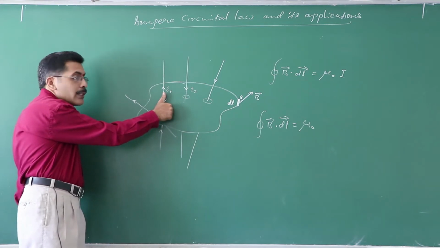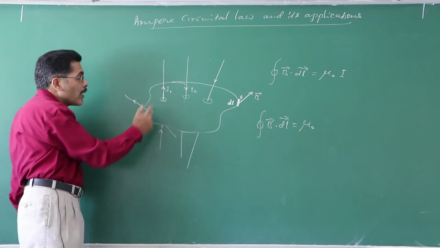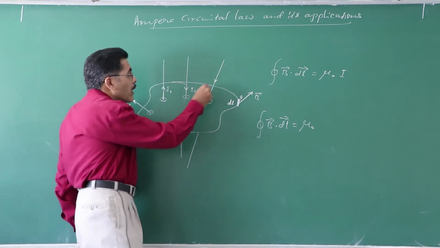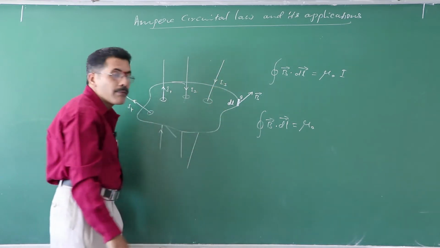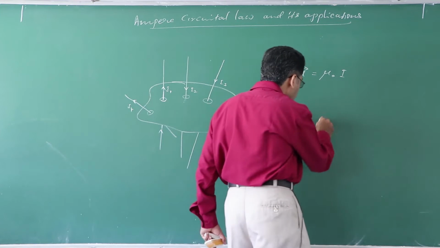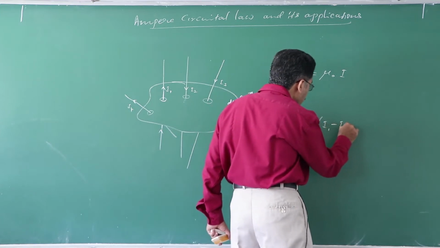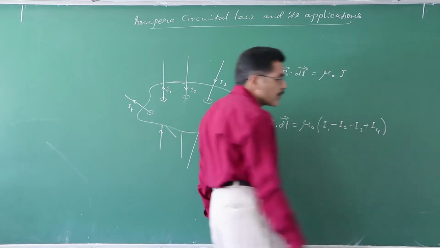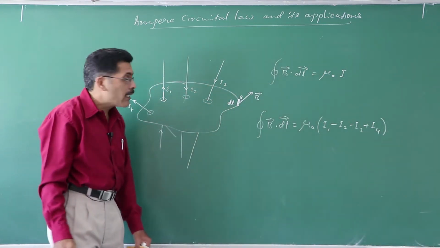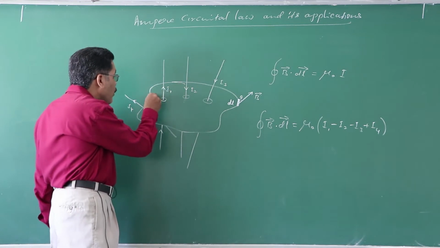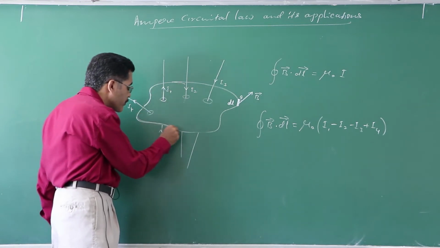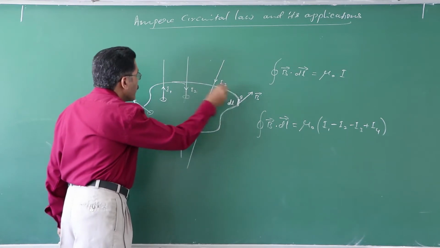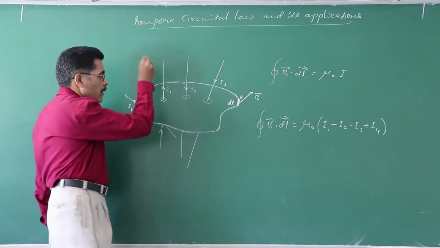If it is opposite, it is taken to be negative. Therefore, I1 and I4 are taken to be positive, whereas I2 and I3 are taken to be negative. Therefore, I1 minus I2 minus I3 plus I4 is the net current enclosed by this loop.